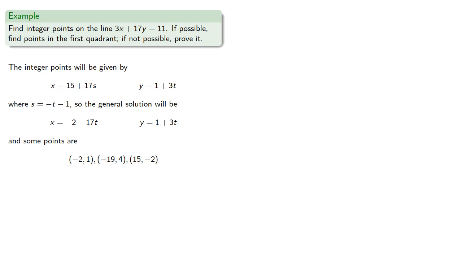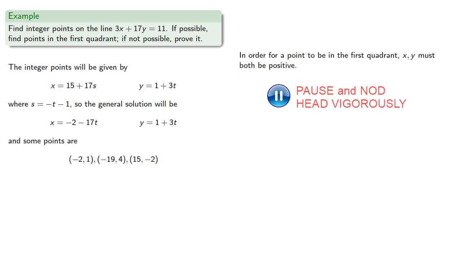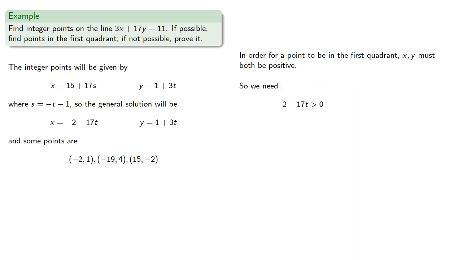Now, none of these points are actually in the first quadrant. In order for a point to be in the first quadrant, x and y must both be positive. And so we need our expression for x to be greater than 0, and our expression for y to be greater than 0. Well, these are just inequalities, so we'll solve them.